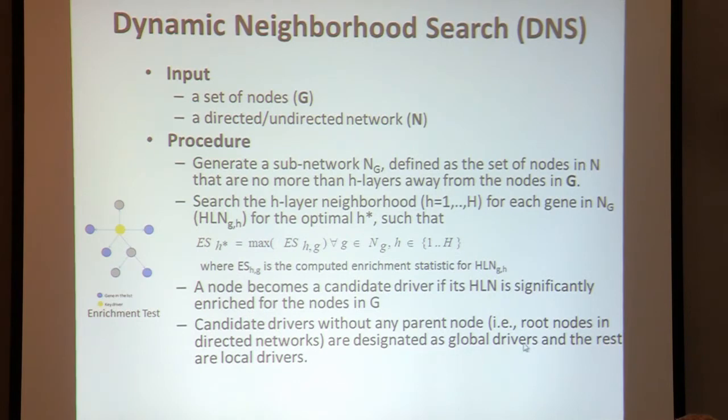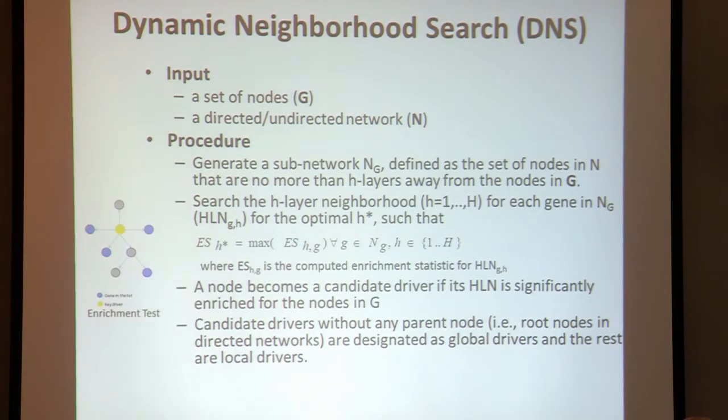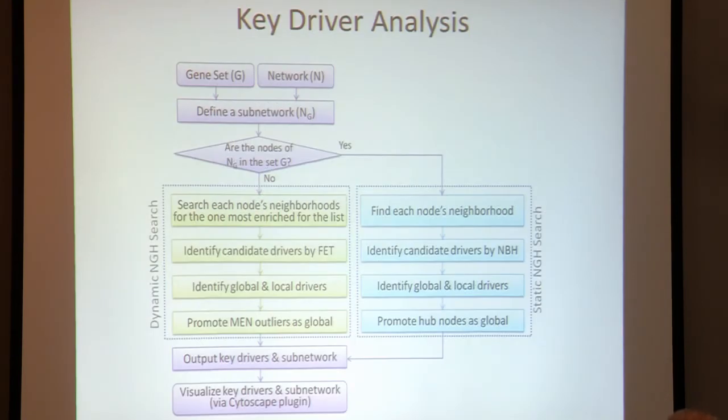The rest of the nodes we can claim as local. Again, this kind of definition is not fixed, and it can be modified if you have some gold standard to test. All of this is really based on empirical experience.